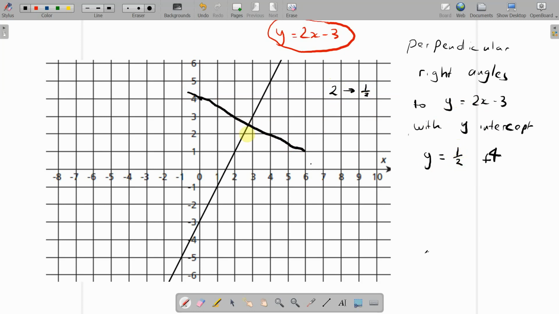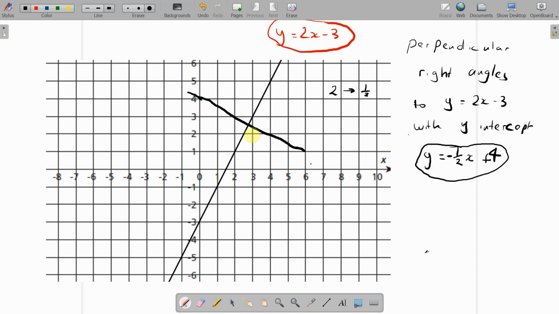But you can see this line's going down. So it's negative a half. So you change the sign as well. So that makes a perpendicular line when you flip the gradient upside down and change the sign. And there's the equation, y equals minus a half x plus 4.